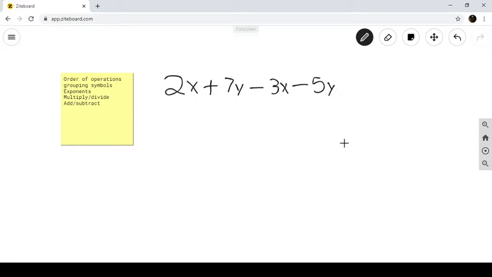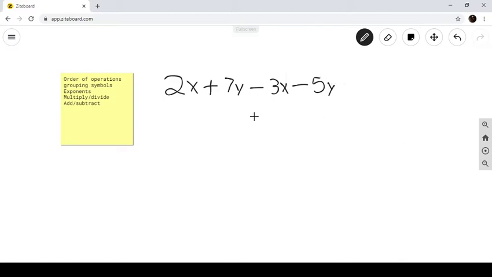All we have here is add and subtract. Now, what we can see here is we have 2x's here, 7y's here, we have minus 3x's here, and minus 5y's here.